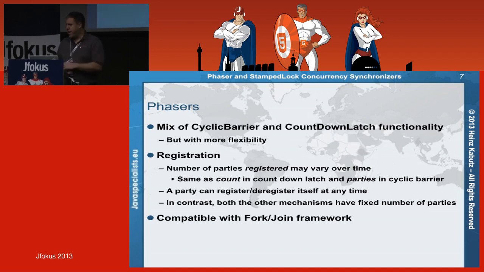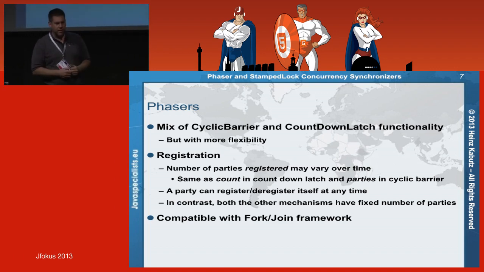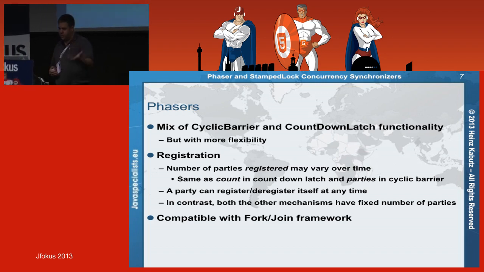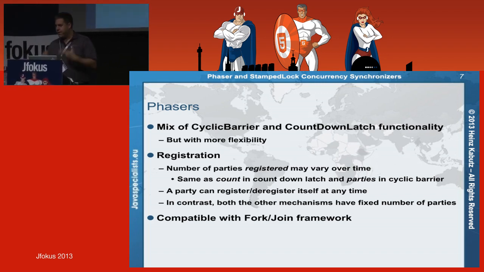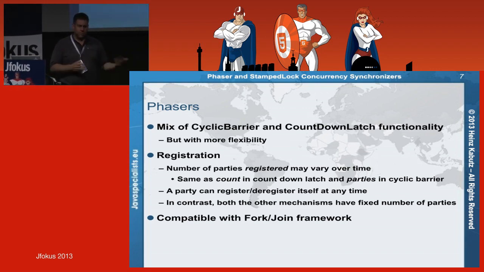But the difference with the phaser is that the number of parties can vary over time. With the CyclicBarrier, you have to decide up front how many are going to meet, and if one of them doesn't meet and they don't coordinate in time, then the barrier is broken and you have to reset it. And also with CountDownLatch, it's also a fixed number, and once you reach that number, that's it. You can't reuse it. You can't reset it back to 0.